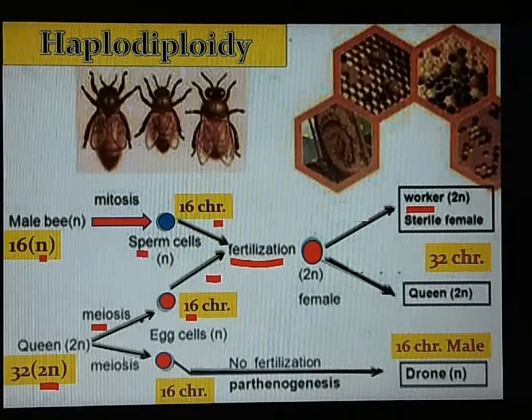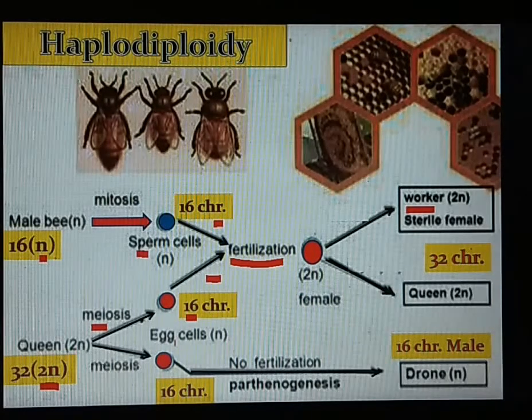The peculiarity of this egg is one more unique feature, that it can undergo development without fertilization, and it will produce the males that are called drones. Since it undergoes development without any fertilization, and the egg itself is haploid here, the males produced from this egg will also be haploid.